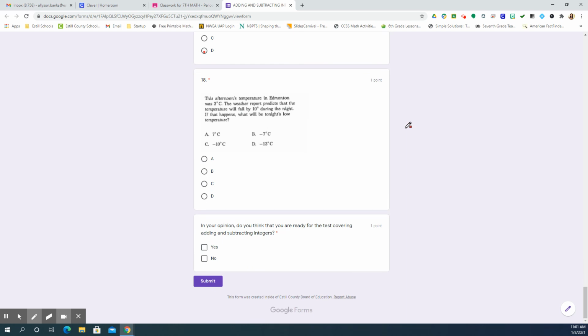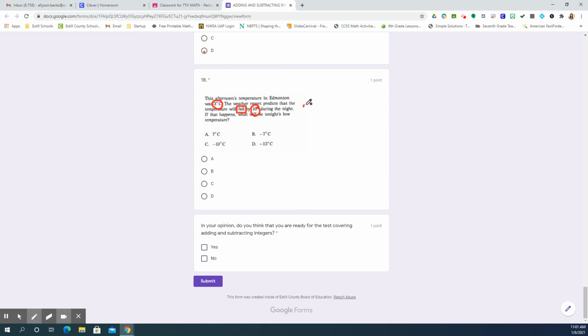Number 18, the afternoon's temperature in Edmonton is 3 degrees Celsius. The weather report predicts that temperature will fall by 10 degrees during the night. If that happens, what will tonight's low temperature be? So if we have 3 degrees Celsius, and it predicts the temperature will fall, which is an action word, and it means to go down by 10 degrees, what will tonight's temperature be?